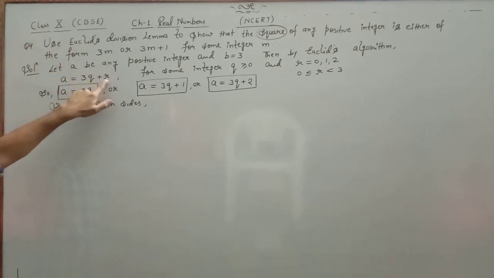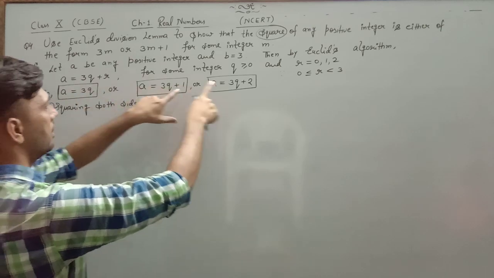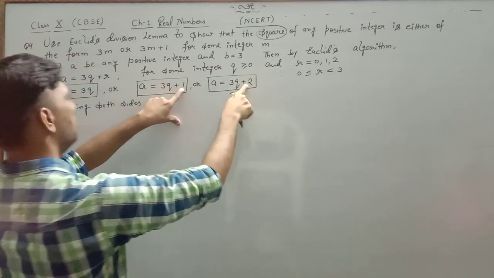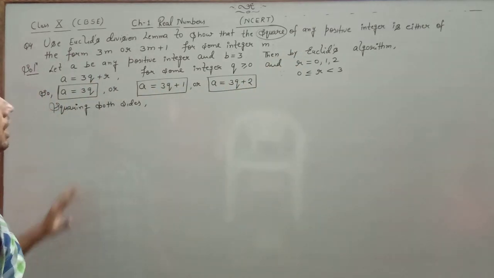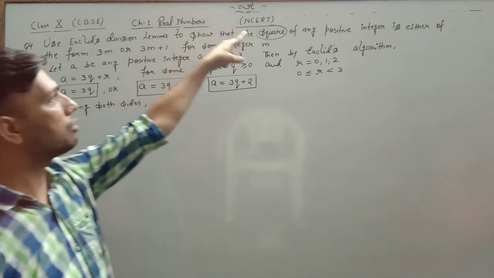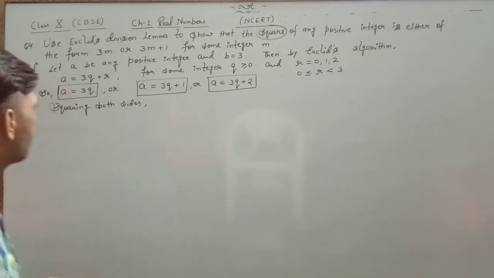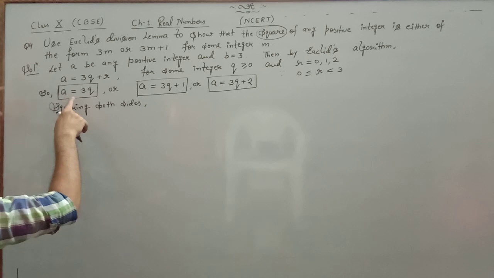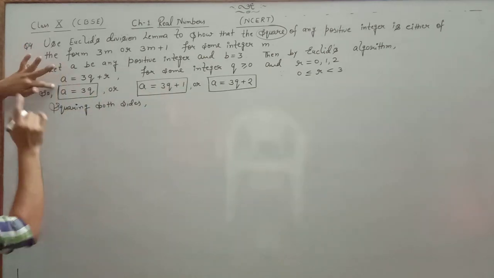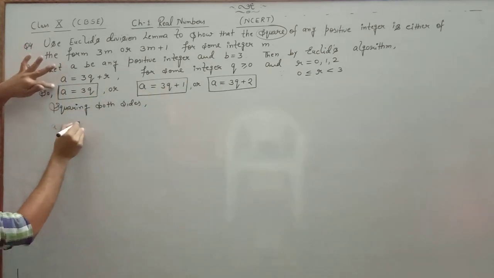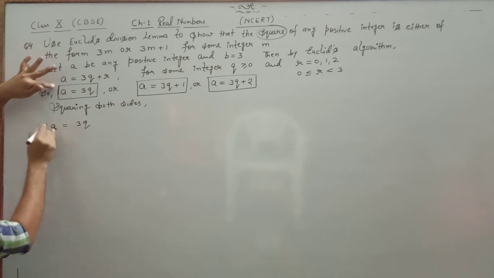If we put here 0, we will get 3q plus 0, it means 3q. 3q plus 1, 3q plus 2. These are the numbers. Now according to this question, we have to square these integers also. So squaring both sides one by one. So the first case is a is equal to 3q. Squaring both sides.